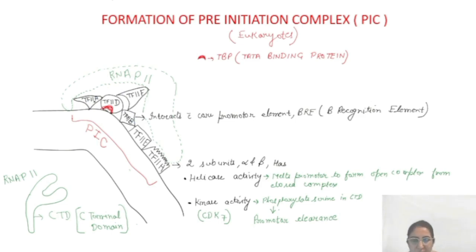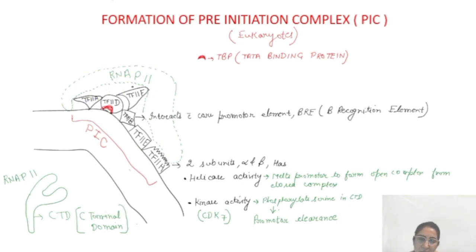So after these three join, then transcription factor 2F comes and binds to these three. It will bind to transcription factor 2D, transcription factor 2B, and also, which is not shown here, it will bind to transcription factor 2A also.